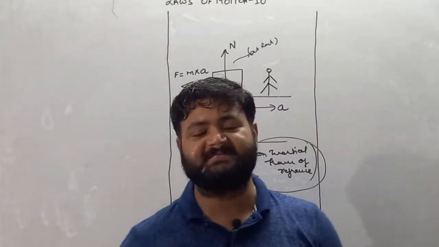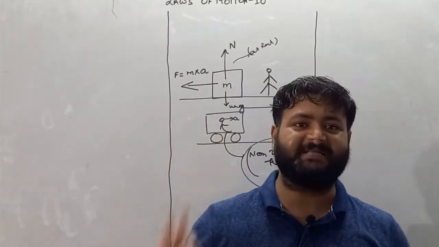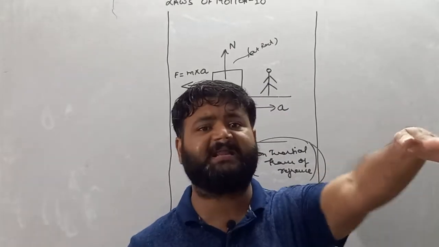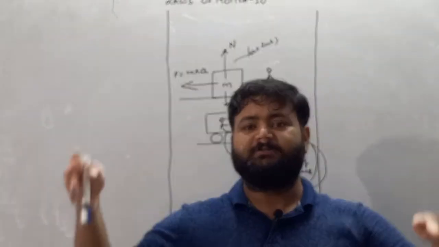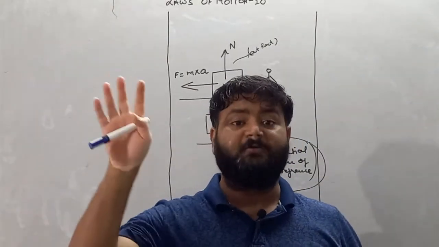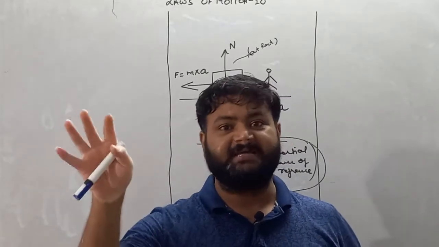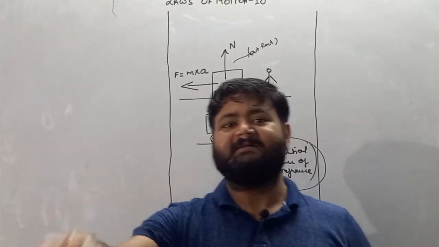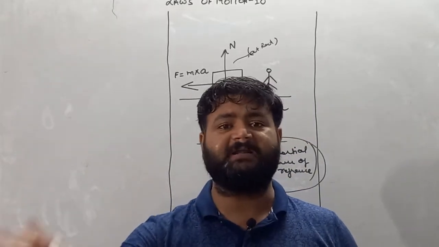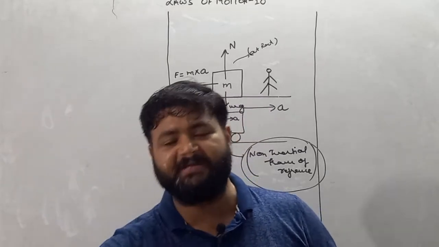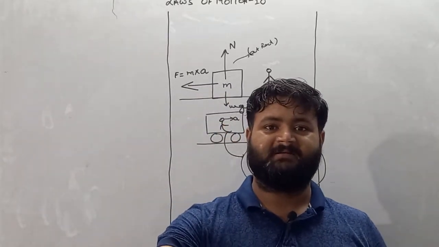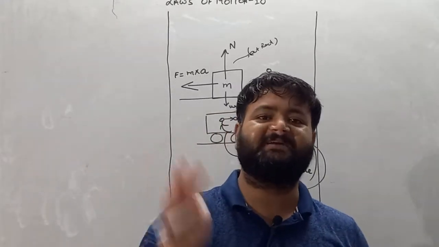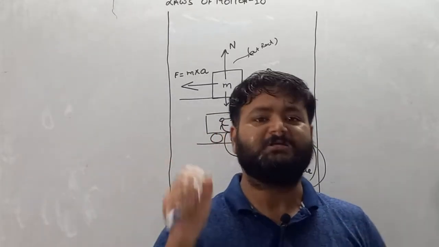Just imagine when you are sitting in a bus, car, bike or train, if it is moving like this, then the tree or electric pole, which is actually at rest, appears to be moving back. So my dear student, under that condition, physics gives us a new concept called pseudo force.